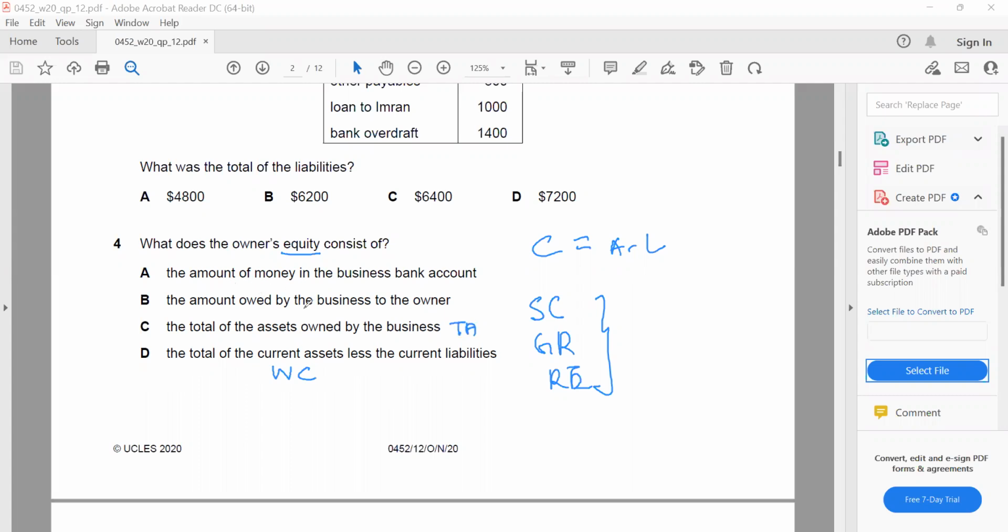The amount owed by the business to the owner is referred to as equity. The amount of money in the business bank account is referred to as an asset. So the most suitable is B.